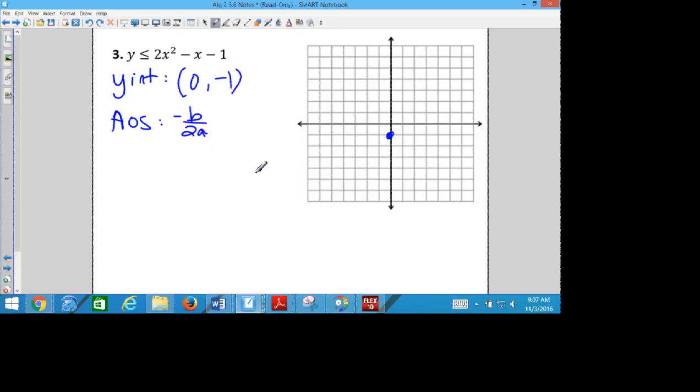So if you do negative b over 2a, you get positive 1 over 2 times 2, which is 1/4, 0.25. So then if we're going to do our vertex, we have to plug 0.25 into the equation. So if you haven't done that yet, take a moment and plug 0.25 into the equation, and I'll call on somebody to tell me the answer.